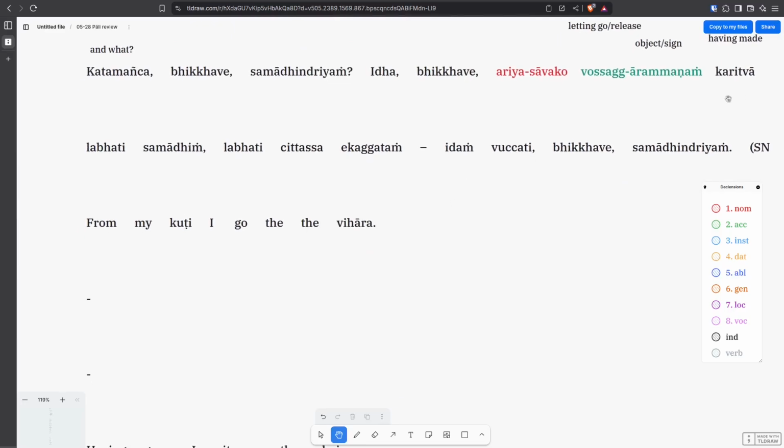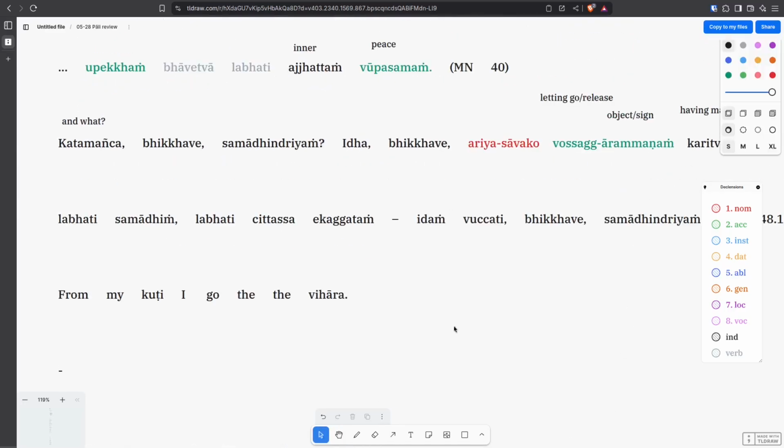And having done that, he obtains concentration. So labhati is to obtain. That's right. He obtains what? Samadhi. He obtains concentration. He also obtains labhati cittassa ekaggatam. And he also obtains the unity of mind.